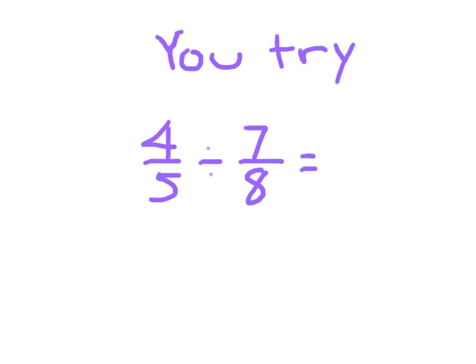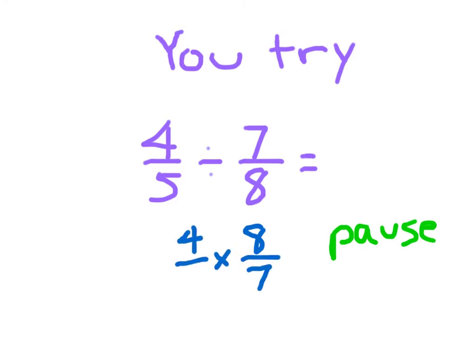All right, your turn to try. Remember to rewrite it as a multiplication problem using a reciprocal for 7/8, and then also remember to simplify. Hit pause. All right, our reciprocal of 7/8 is 8/7. We are rewriting this as a multiplication problem.